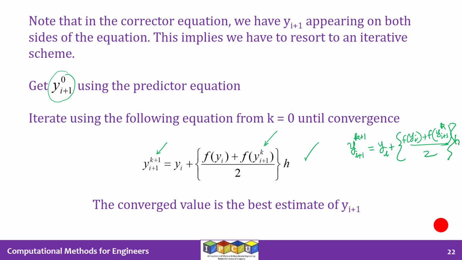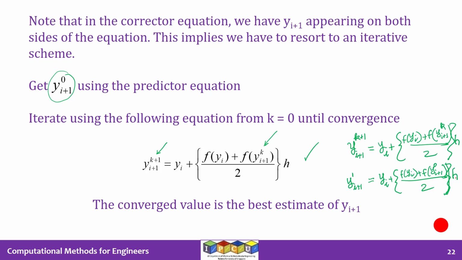Once you get yi plus 1 0, I'm going to put it on the right hand side and say yi plus 1 1, that means I'm taking k is equal to 0, is going to be equal to yi plus f of yi plus f of yi plus 1 0 by 2 times h.